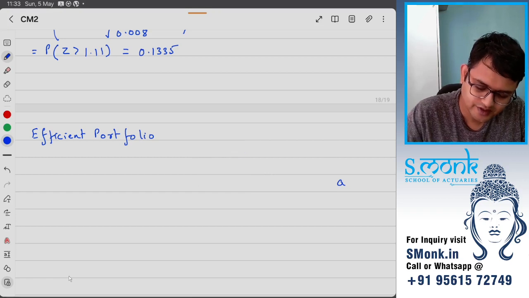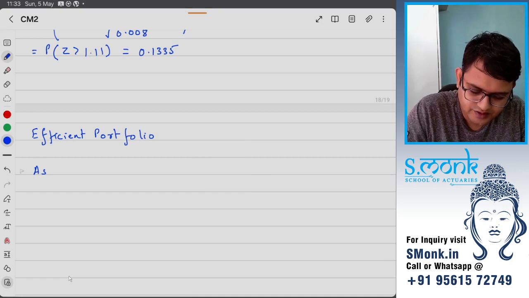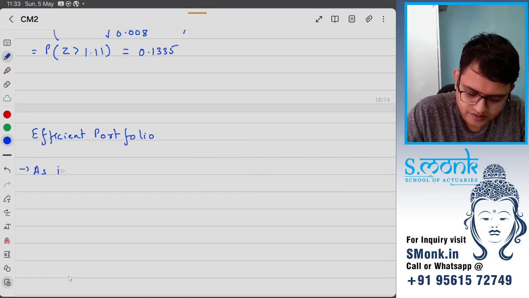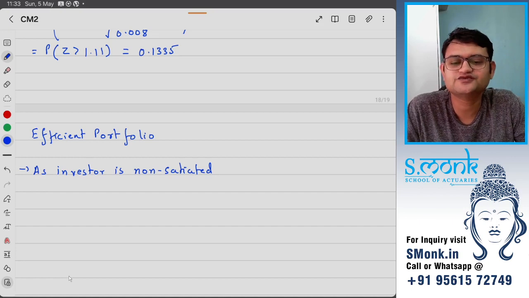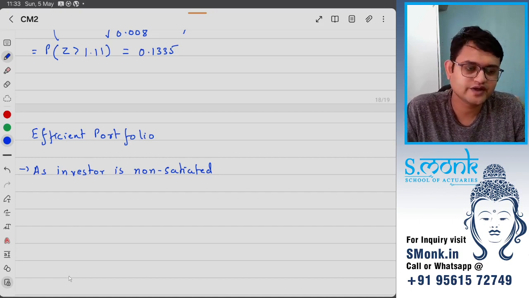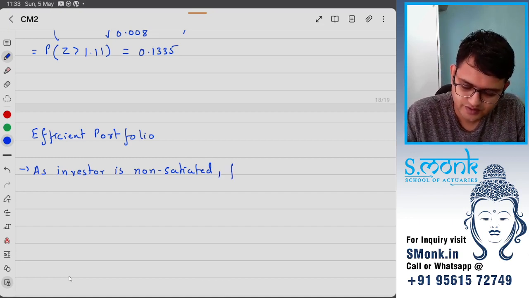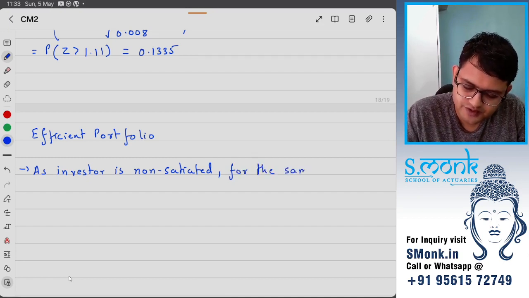So we say that an investor is non-satiated. That means the investor is not satisfied with lower returns for the same level of risk.